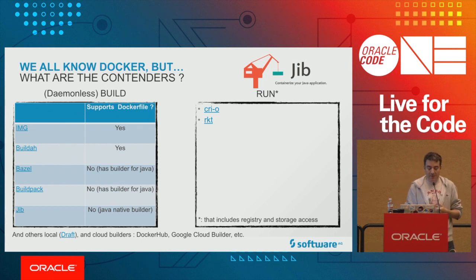There's also Builder. They have their own CLI, just like the Docker CLI with different commands, but it is also able to build Docker images. Then you have Bazel, which also exists from Google, and this one is one of the other builders that does not support Dockerfile.